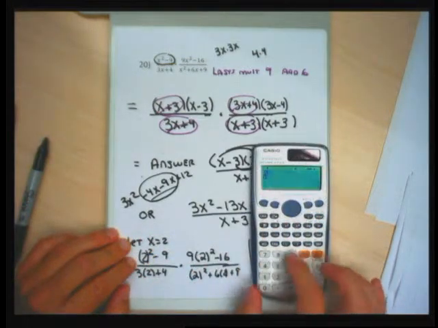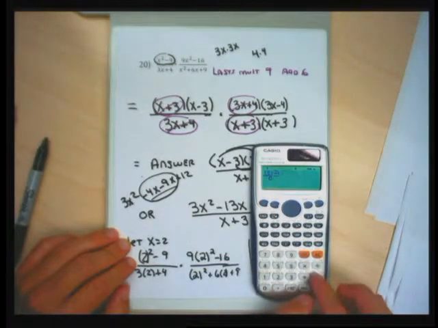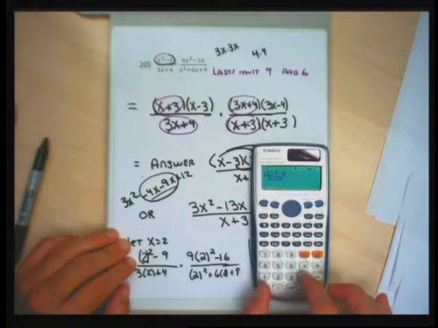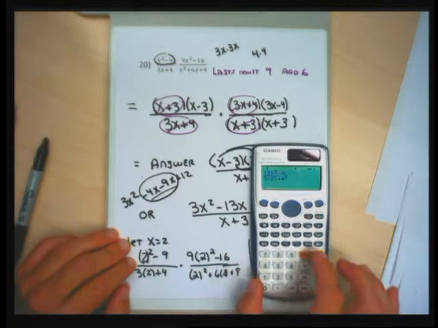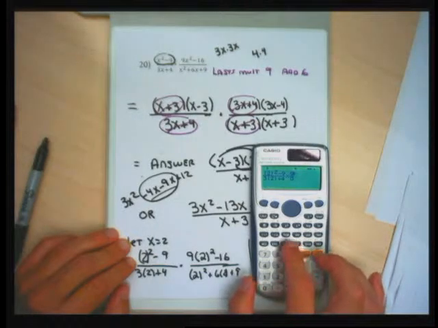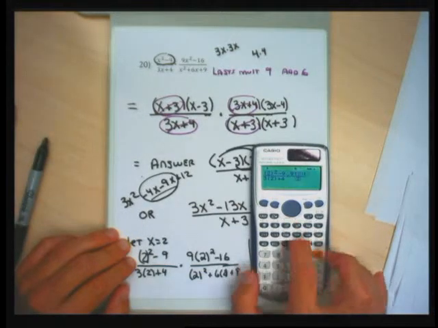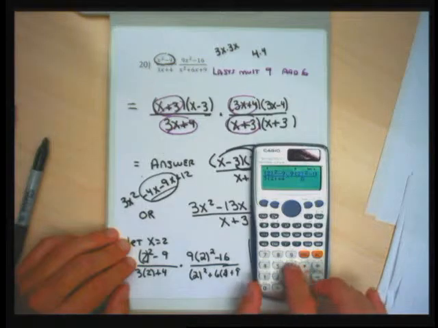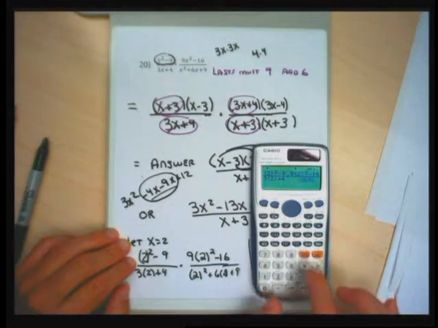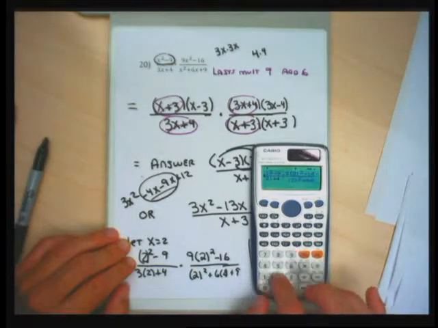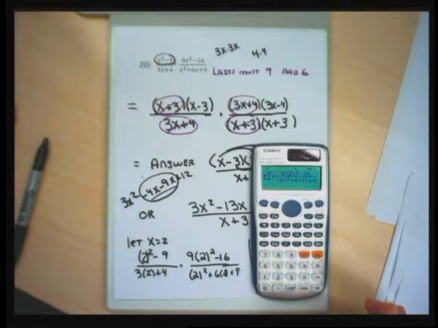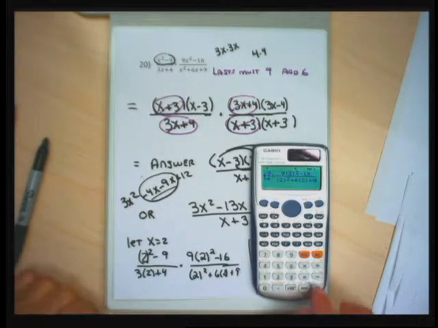Fraction, parentheses that I don't really need. 2 squared minus 9 over 3 parentheses 2 plus 4 times fraction 9 parentheses 2 squared minus 16 over 2 squared plus 6 times 2 plus 9. Entered that kind of fast, but hopefully you could enter that equivalently fast.